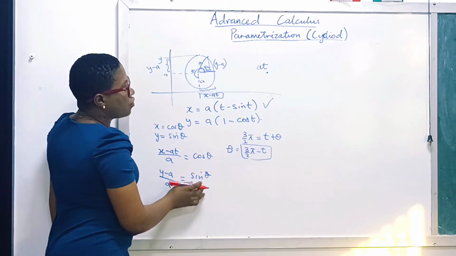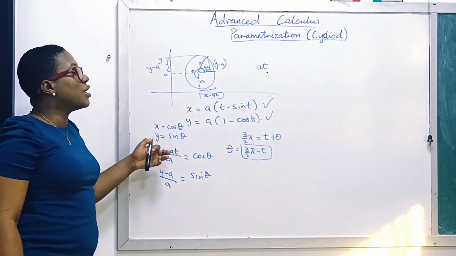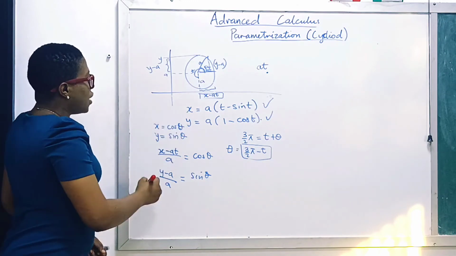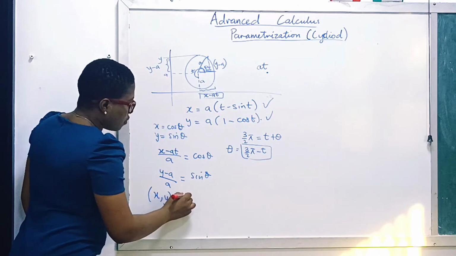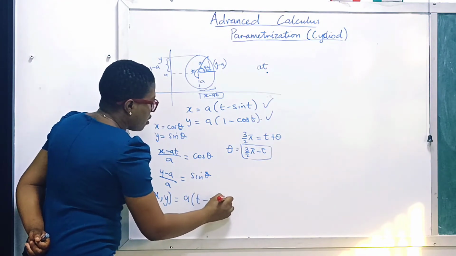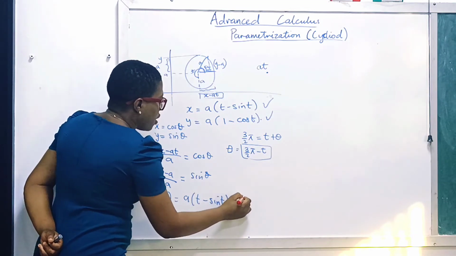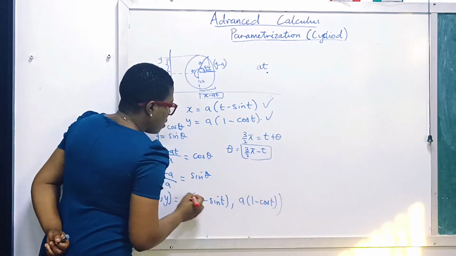So you substitute your values and you get this equation of the cycloid. So that your coordinate (x, y) is equal to (A(t minus sine t), A(1 minus cos t)).